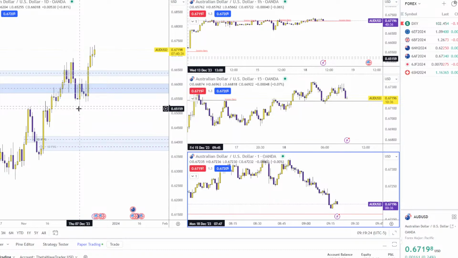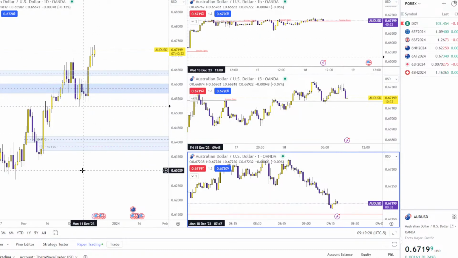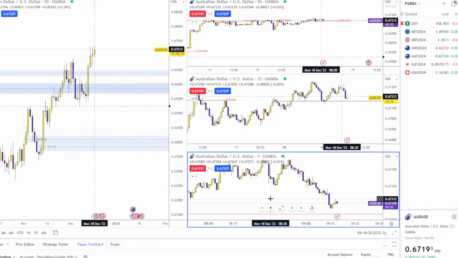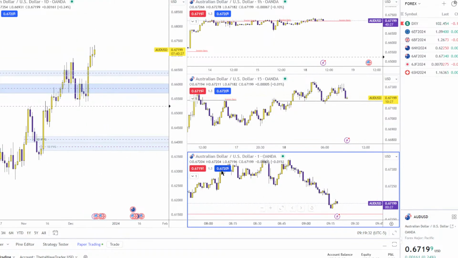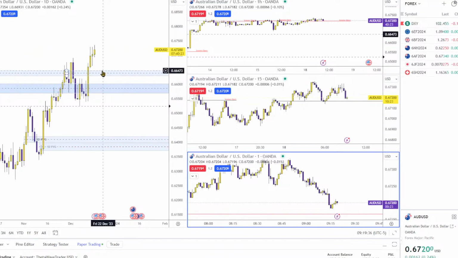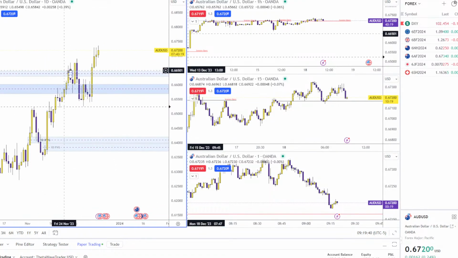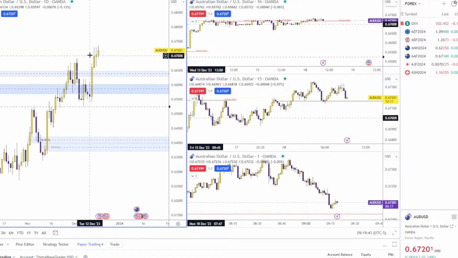Australian dollar in December, it's leaving. All right, so I'd like to see us get back into this inversion fair value gap to get long on that for the rest of the year. It's now an inversion fair value gap on the daily.